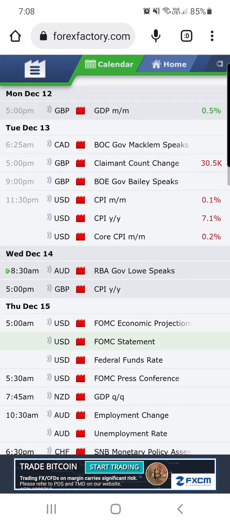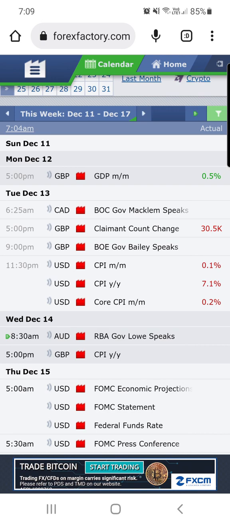All right, what else? In case you didn't know, if you're trading anything with the US dollar in it, so Euro USD, Pound USD, USD Yen, Nasdaq, US 30, anything that's really either a US based company or a US based currency, you want to be looking at the US dollar news events.